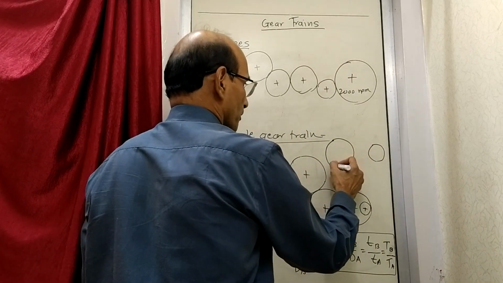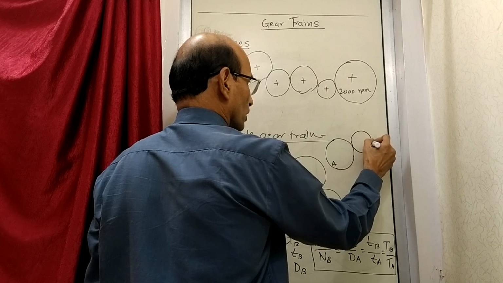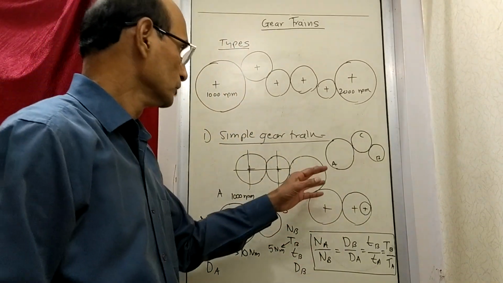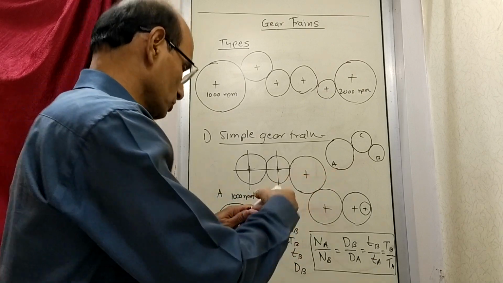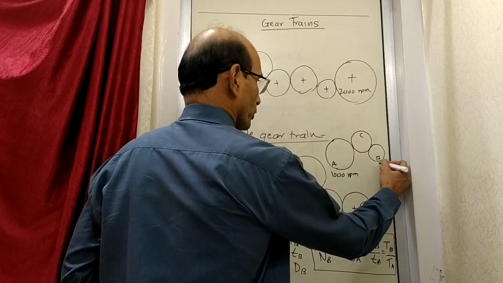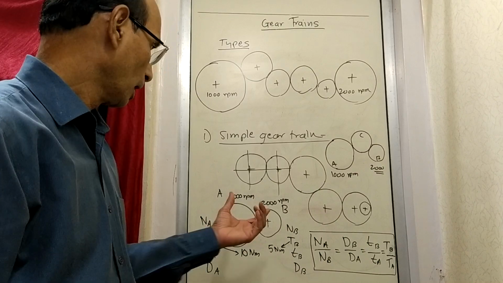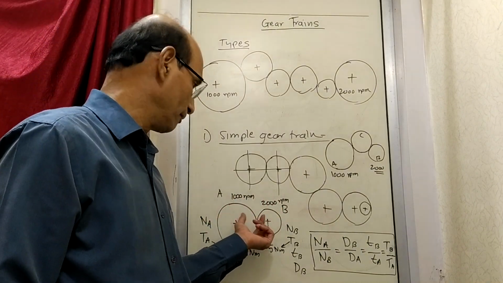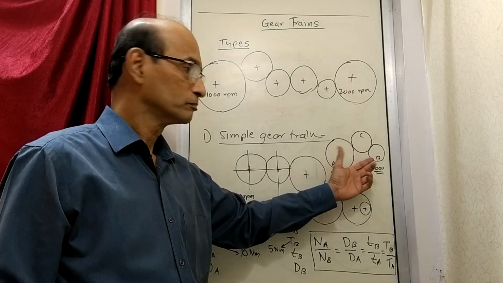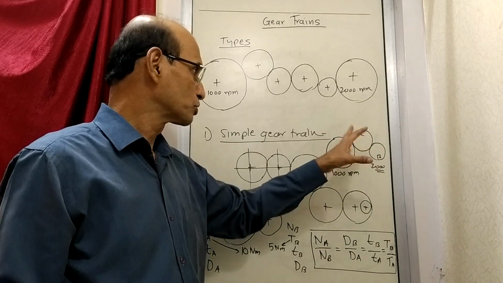So A and B are here, and the space between the two I am covering by a third gear, C. Now what will happen? This is rotating at 1000 RPM. We want this to rotate at 2000 RPM. Earlier it was happening because the diameter was half and they were in contact. Now we want to see how to do it. We have one more gear added here, which will have its own diameter.